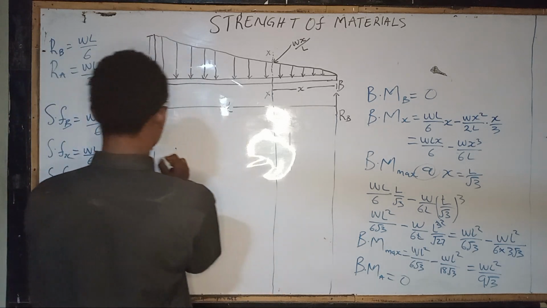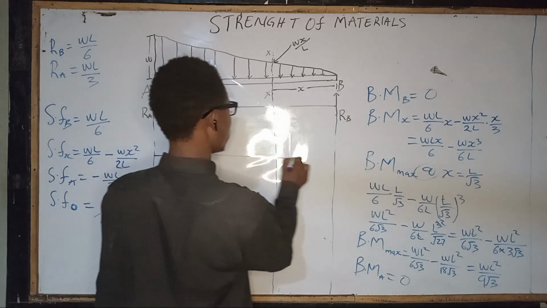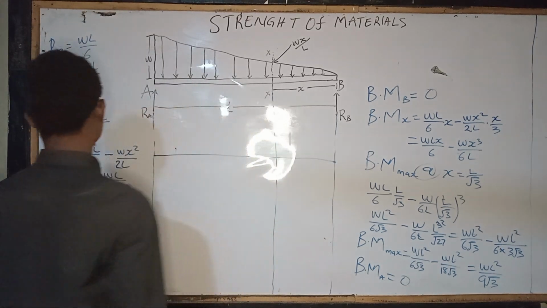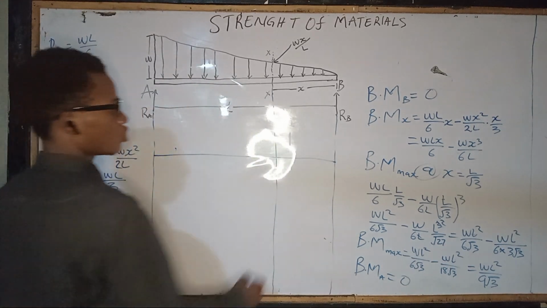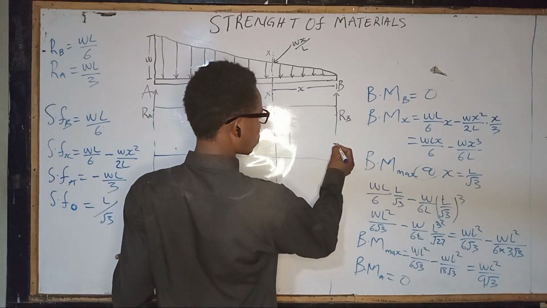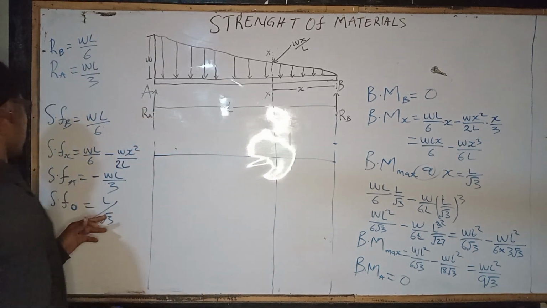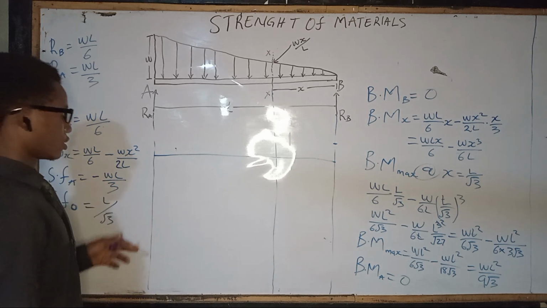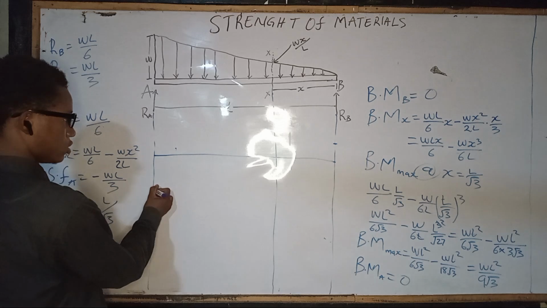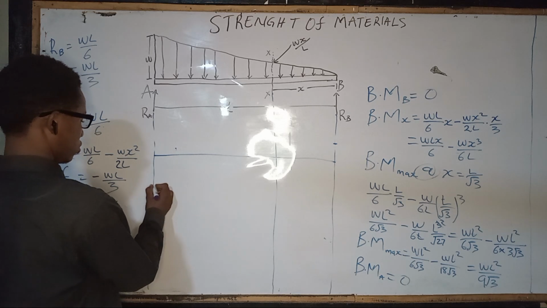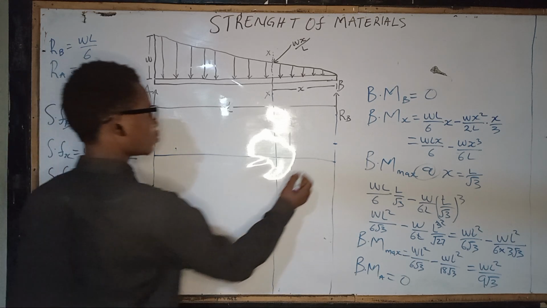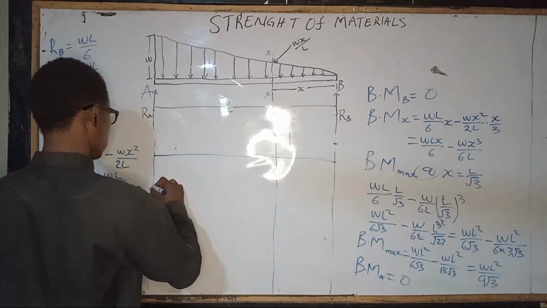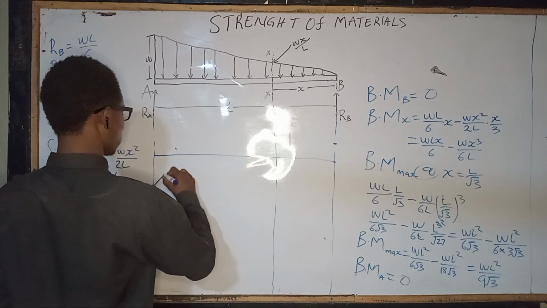So from the shearing force, we have our neutral line here. Our shearing force at B is WL over 6, something like this. Our shearing force at A is WL minus WL over 3, something like this, which is also something like that. So it's going to go this way.